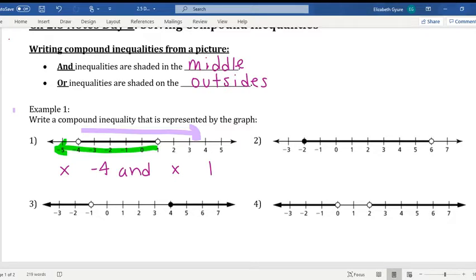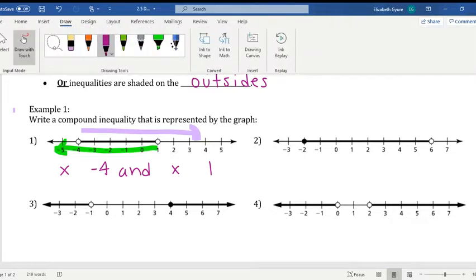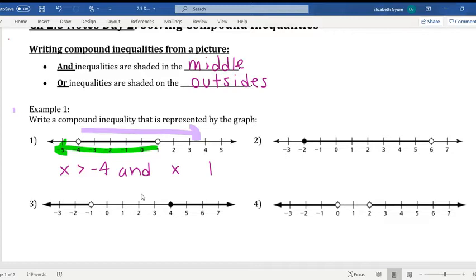So if you started at -4 and shaded to the right, isn't that a greater than symbol? So we're going to use a greater than symbol. If you started at 1 and shaded to the left, wouldn't that be a less than symbol? Yeah, so just put a less than symbol. With these ones, since it's going to be shaded in the middle, you want one of each sign. You want one going one way and one going the other because they need to overlap. And this would be your answer.